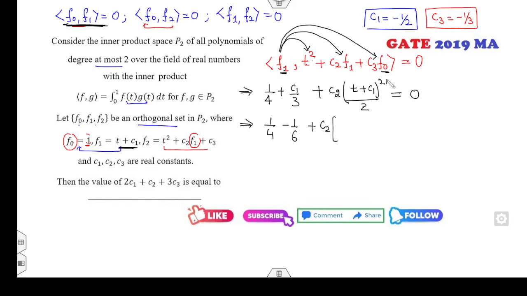Well, limits are from 0 to 1. Fine, if you substitute 1 minus half is half.